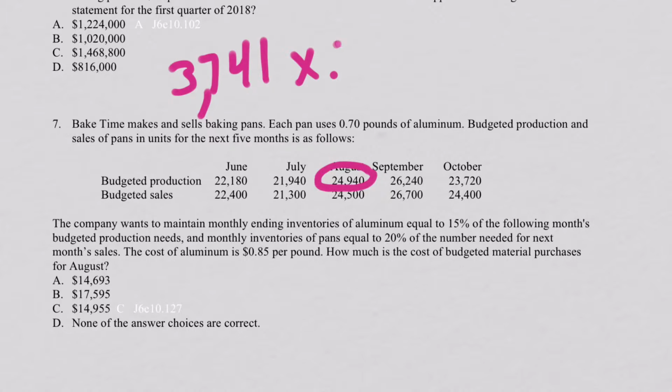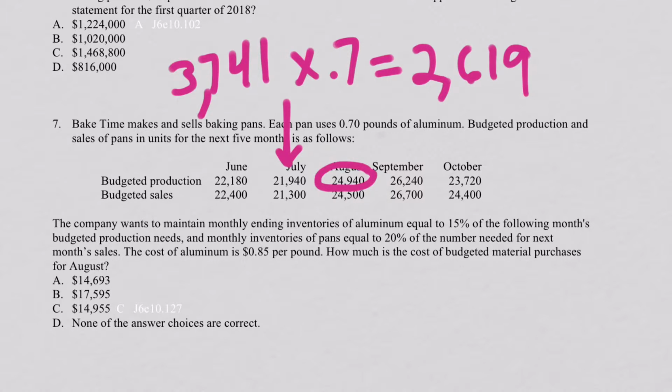In order to get to pounds of aluminium, we take 0.7, because it's 0.7 pound for each unit. That's 2,619 pounds of aluminium. That would be the ending inventory for July, and it'll become the beginning inventory for August.